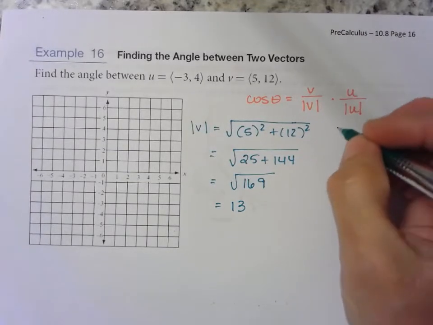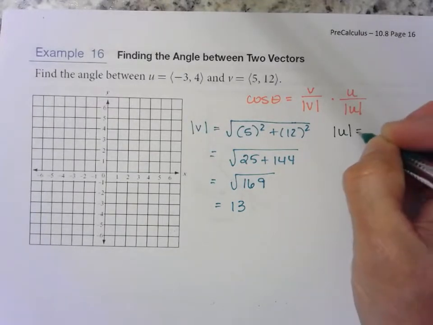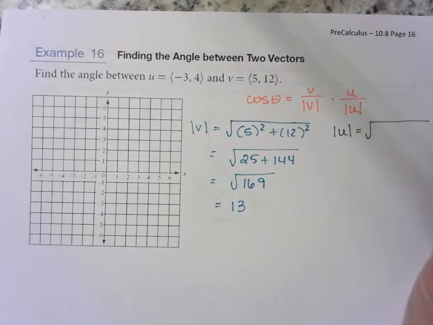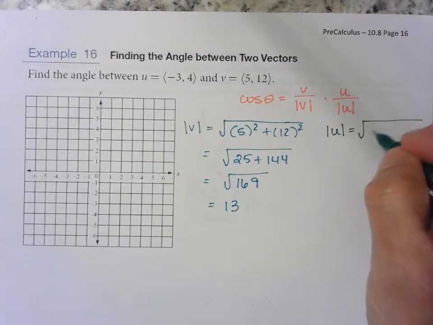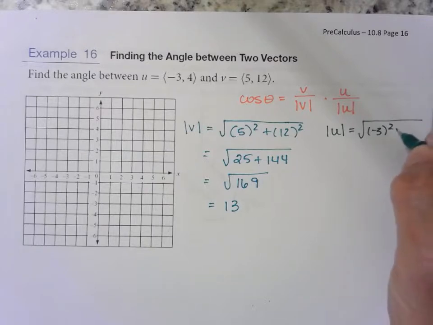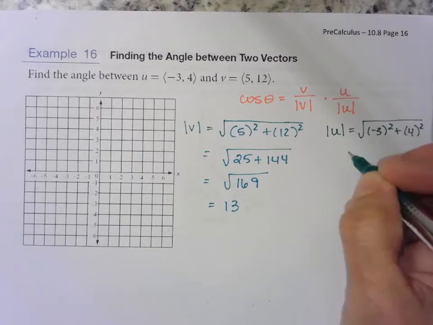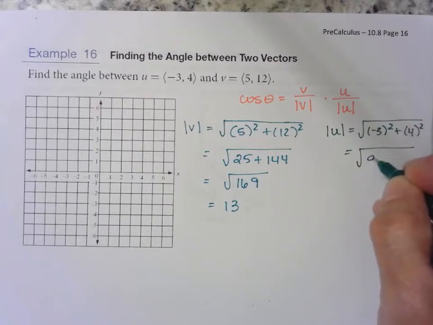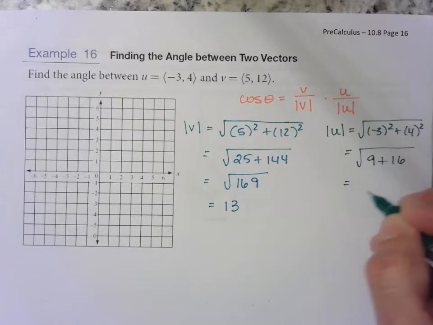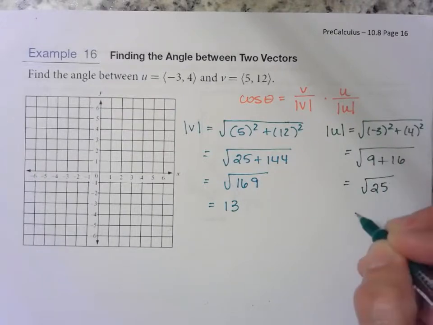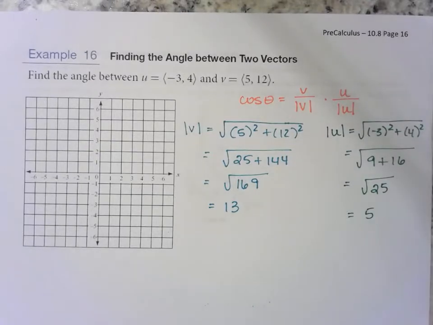And then the magnitude of u is going to be the square root of negative 3 squared plus 4 squared, 9 plus 16, 25, which is 5.